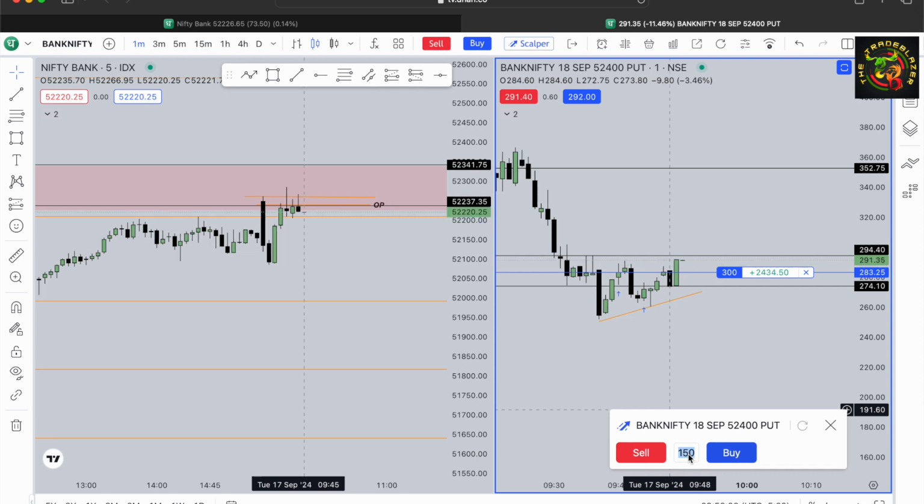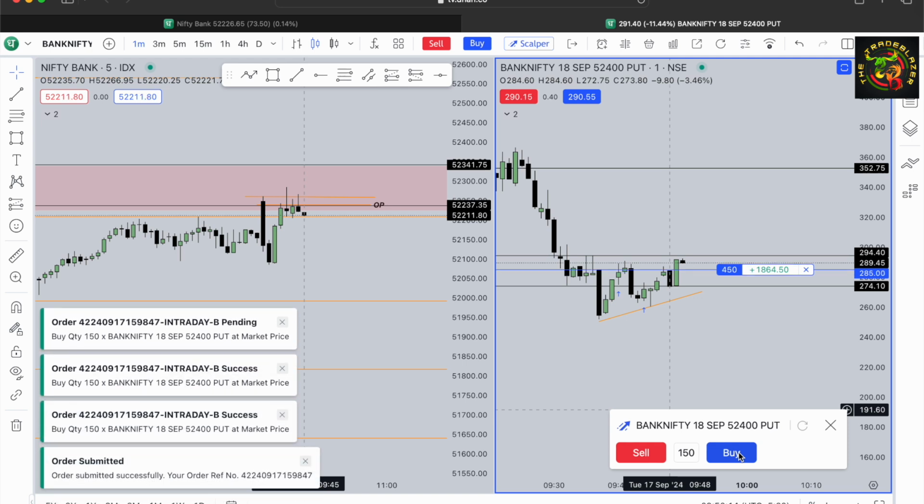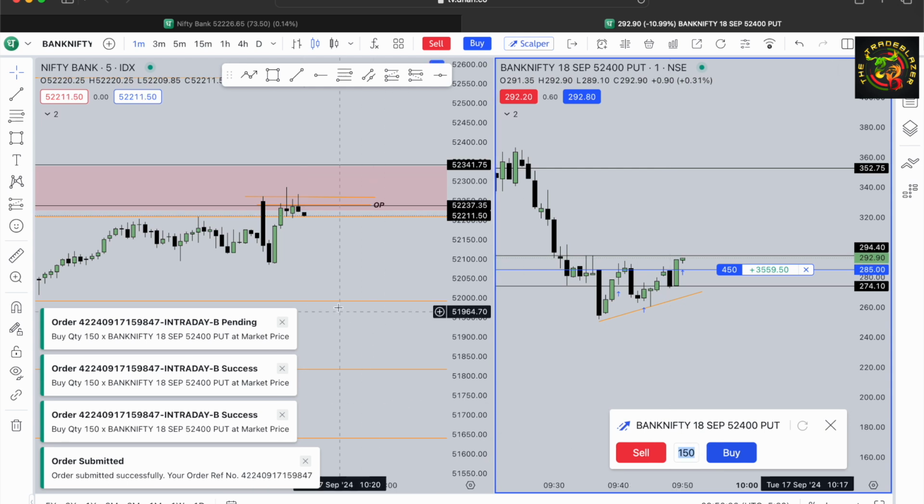I'll try to buy here 150 more quantity, guys. Looking at the price action, I don't think we will get a better opportunity to enter at a lower price. Earlier we did the averaging, that means we bought the second quantity at a lower price. But this time I bought 150 quantity at a higher price.